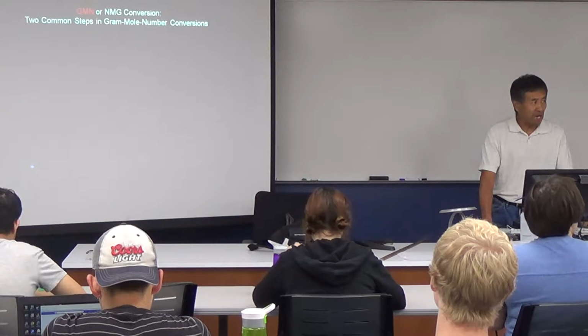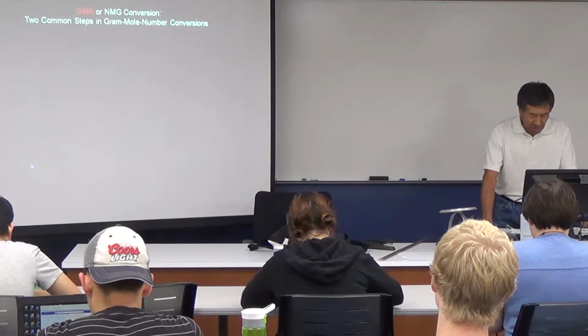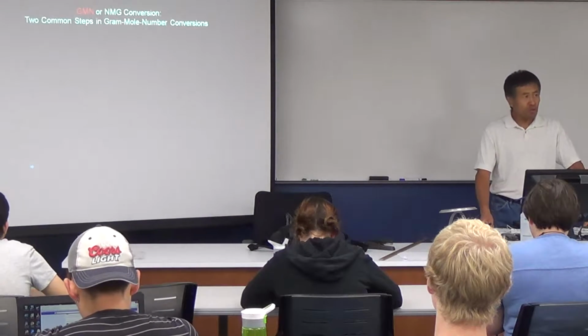So you can convert between any two of those letters. You can go from G to M, and then from M to N, or you can go in reverse from N to M, and from M to G. Those are not new, just a different way to memorize and use them.